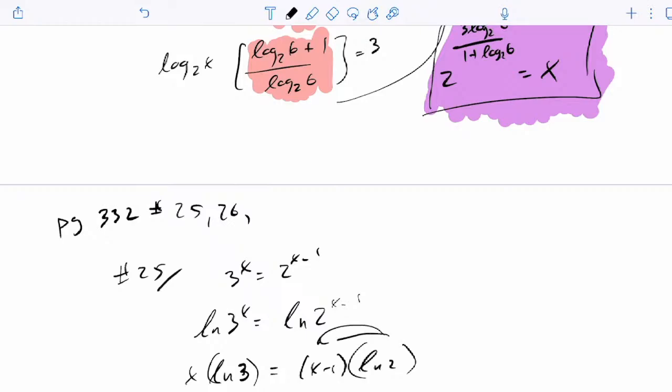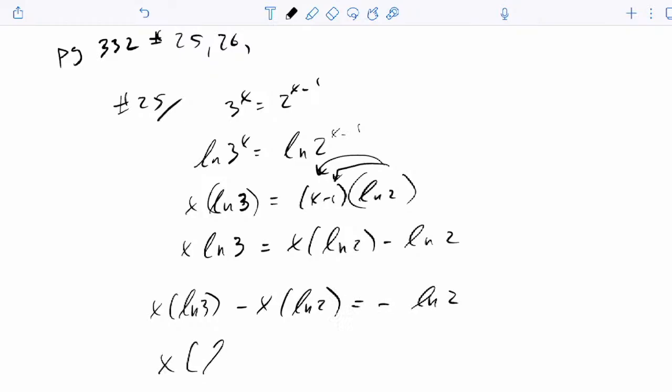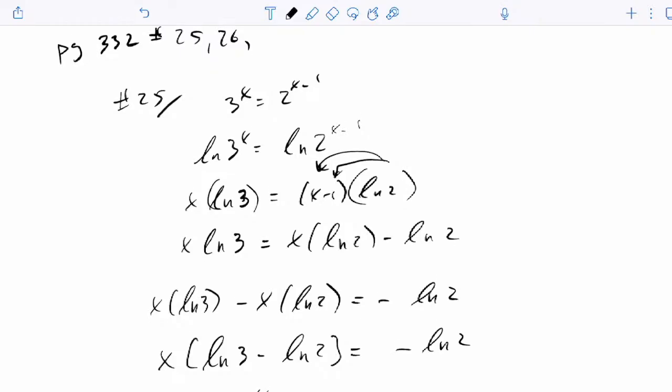I can distribute that in here, and then divide it out.